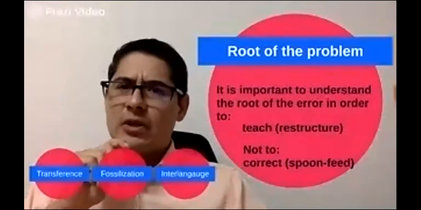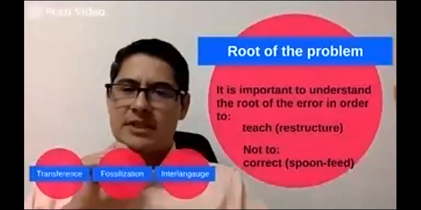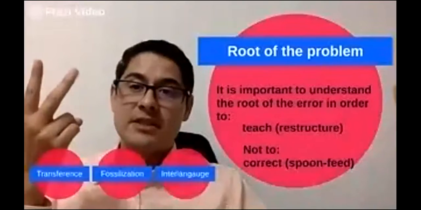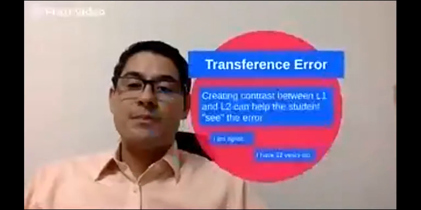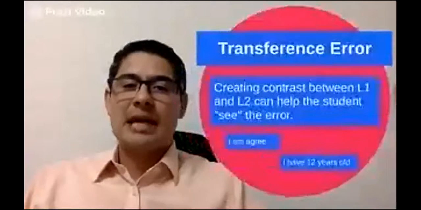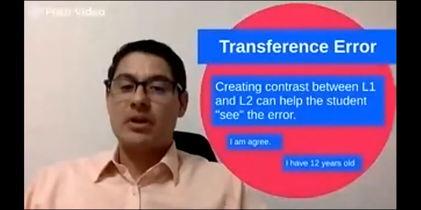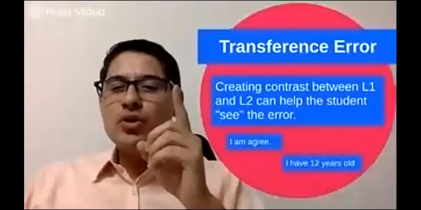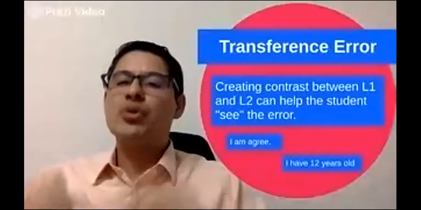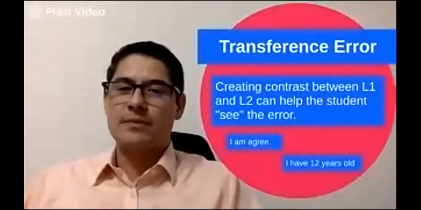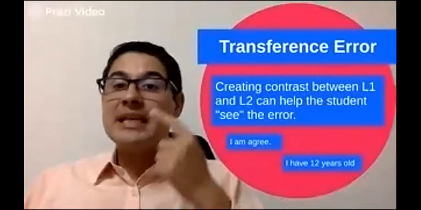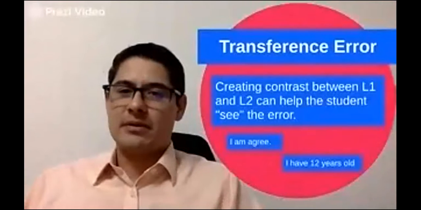Let's go back and look at the three important things we have seen so far: transference, fossilization, and interlanguage. So if a student has a mistake, error, or transference, what you should do as a teacher is create a contrast between L1 and L2. This way the student can see the error.